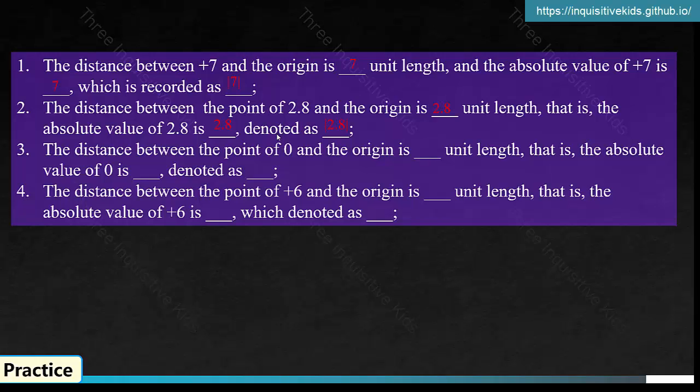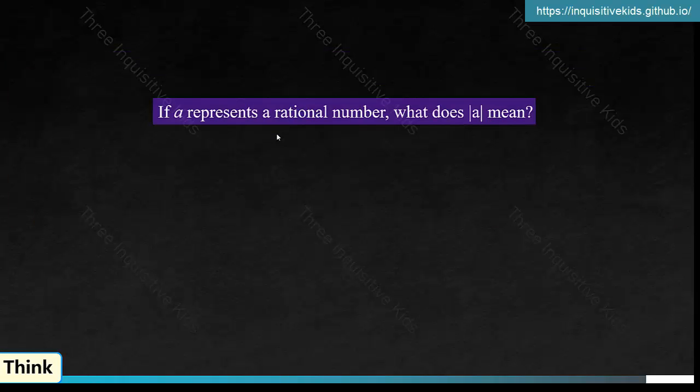The distance between the point of 0 and the origin is 0 unit lengths, that is, the absolute value of 0 is 0, denoted as this. The distance between the point of negative 6 and the origin is 6 unit lengths. That is, the absolute value of negative 6 is 6, which is denoted as |-6| in the two lines.